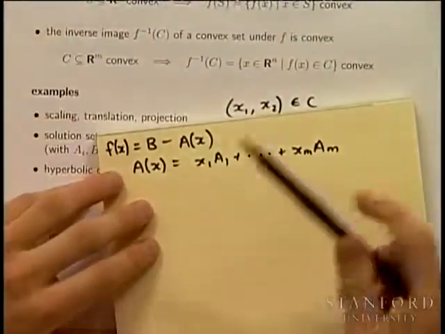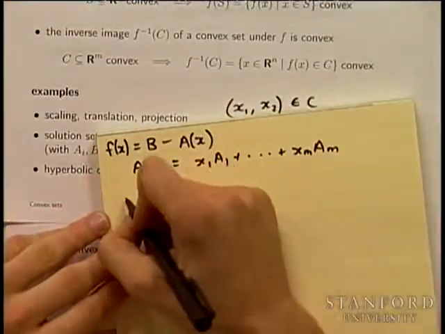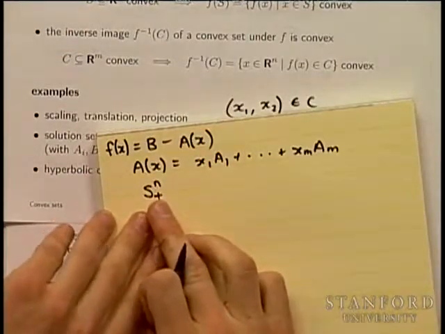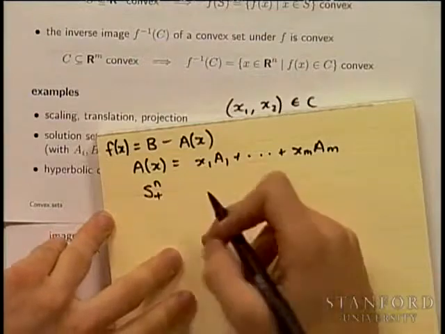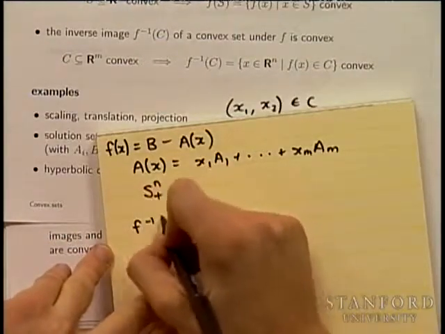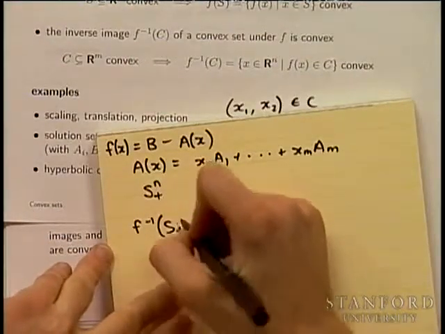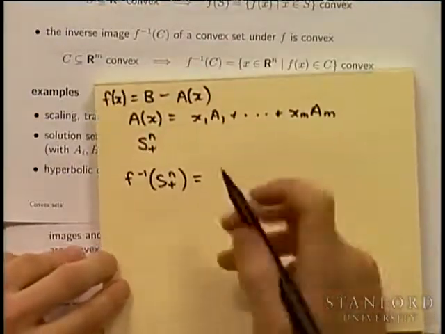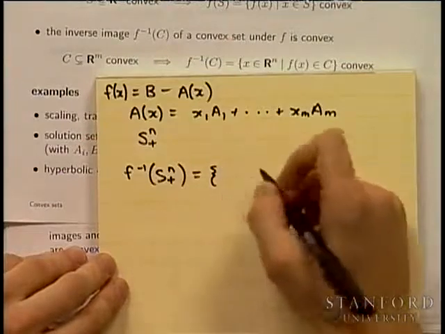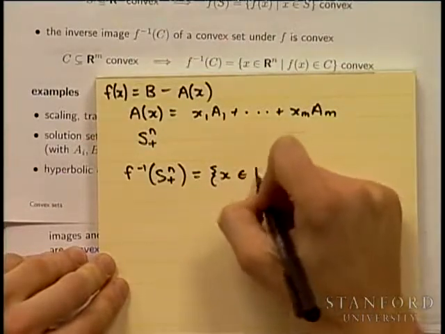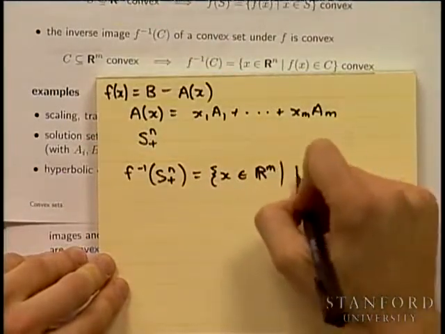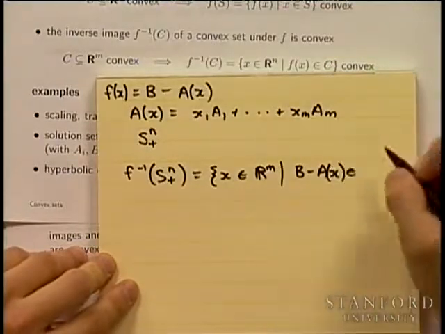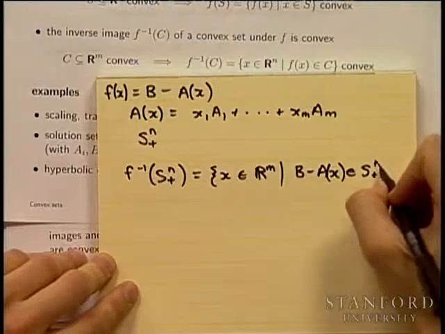Now, we already know that the positive semi-definite cone, which is S plus to the n, is a convex set. Okay? So if we take the inverse image of this set with this function f, what we get is that the inverse image is equal to any x in Rm such that b minus A of x is in the positive semi-definite cone.